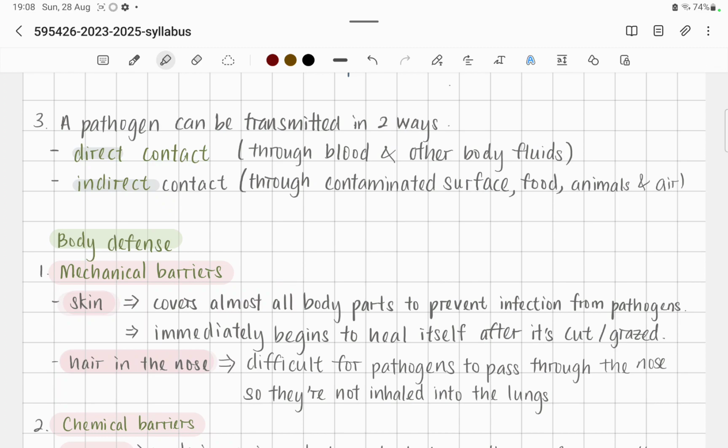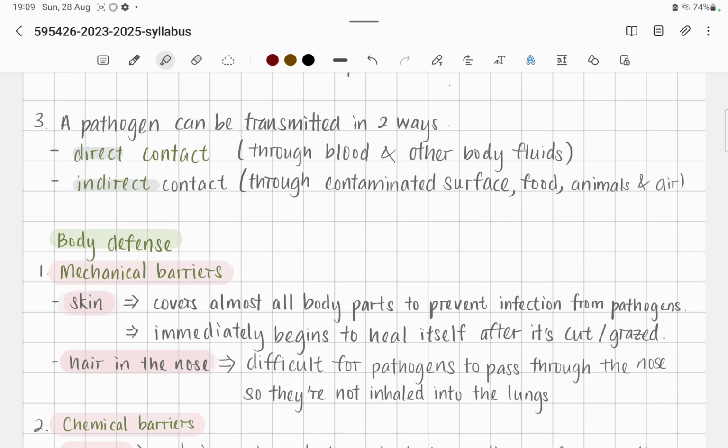Indirect is from contaminated surfaces, food, animals and air. So it's like when the host with the pathogens touches this table, and a few minutes later the pathogen is still there, still active, and then person B touches that table. So this one is indirect contact.